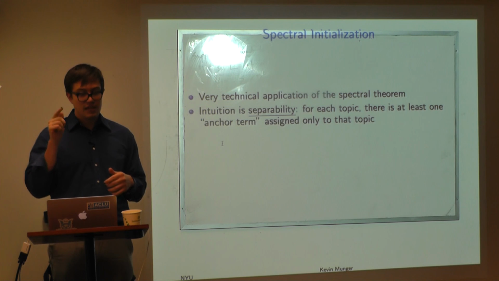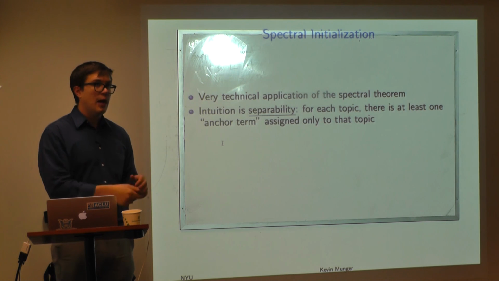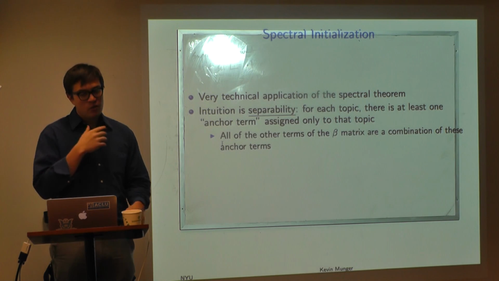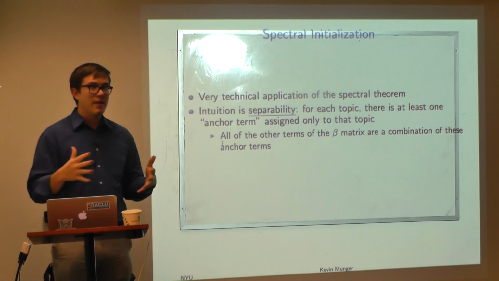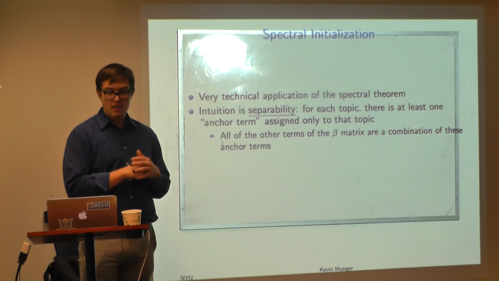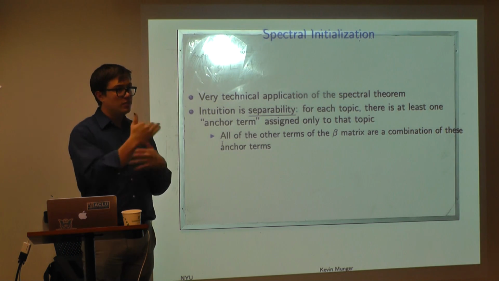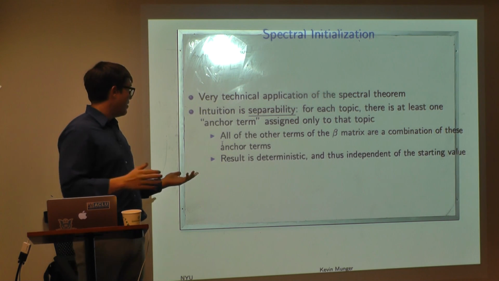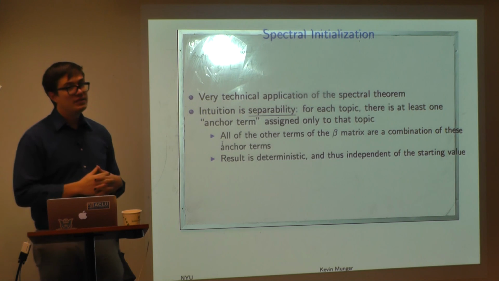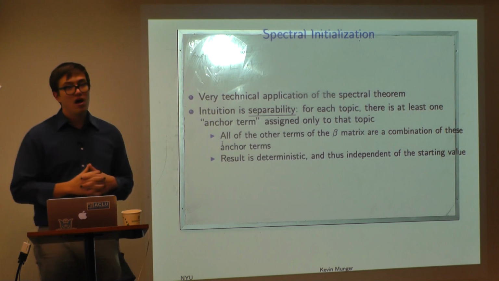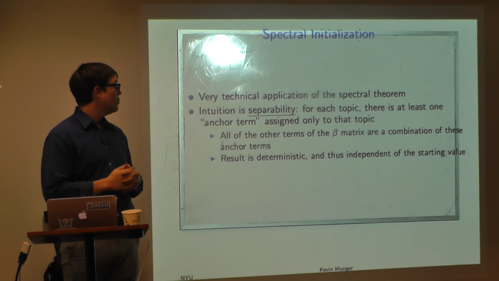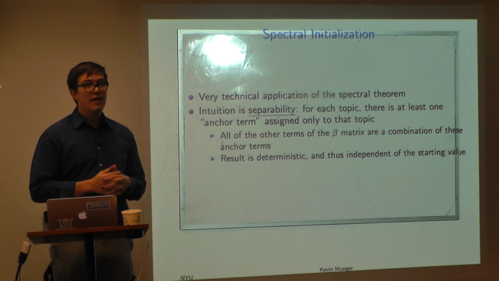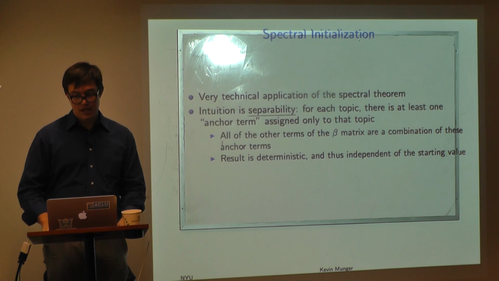You find a word that is definitely indicative of the presence of a topic, and you pin that down. And then we can say that all of the other terms in that beta matrix of words over topics are a combination of these anchor terms. So we use some linear algebra. And in practice, we find that the result is deterministic. So it does not have this problem of only finding the local maximum. So you're going to get the same result using spectral initialization every time, independent of where you start. And that is excellent.